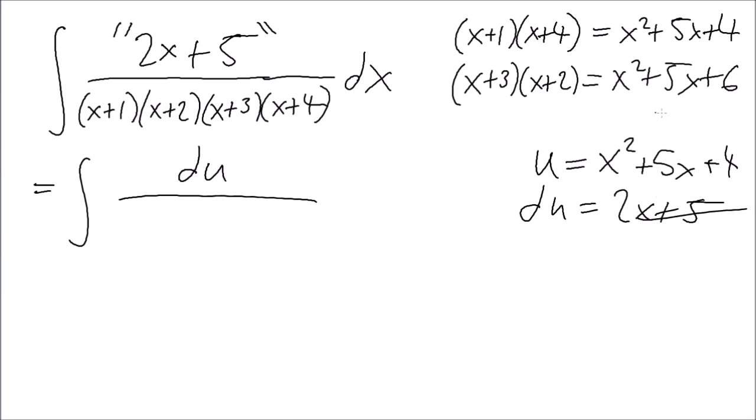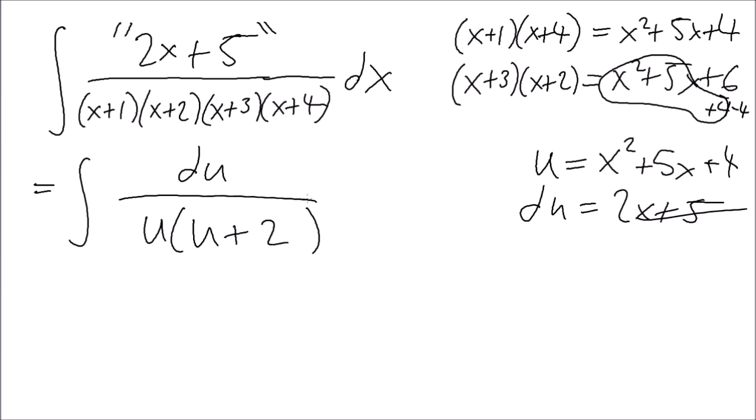And then here we have u, and then we'll have x squared plus 5x plus 4 plus 2. Right? So this 6, we need plus 4 minus 4. We use the 4 here, but here 6 minus 4, that's 2. So this is u plus 2. Okay.